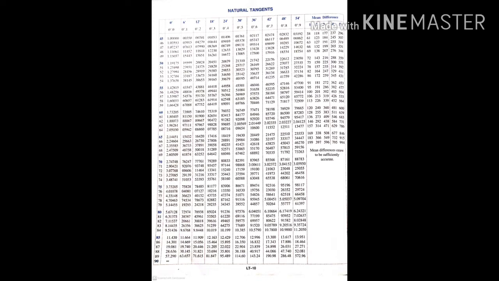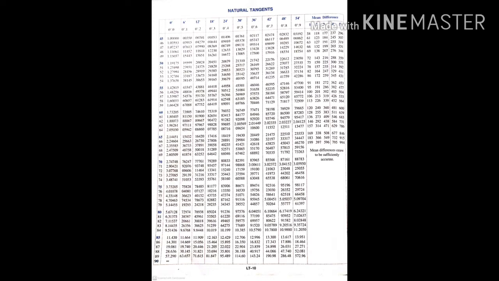One more thing here I want to tell you, that in the natural tangent table up to 67 degree you are given mean differences. After that it is written that mean differences cease to be sufficiently accurate, means after that there is no need to add any mean differences here, because they are sufficiently accurate.